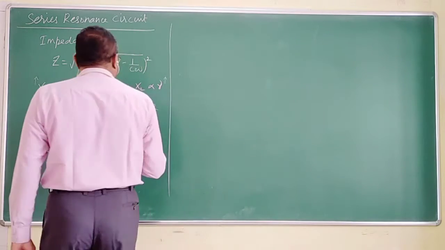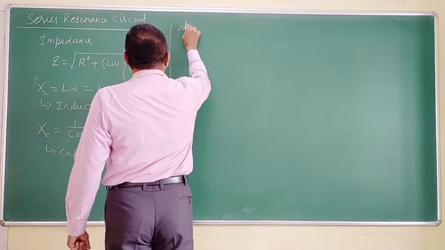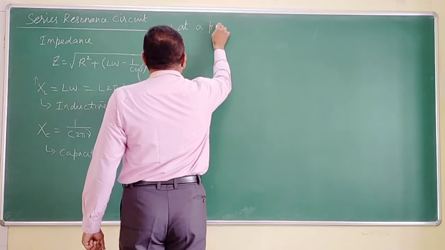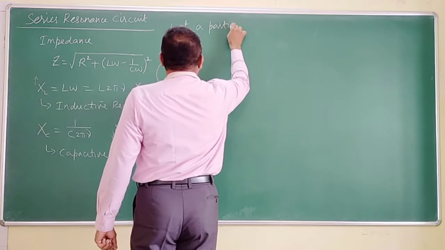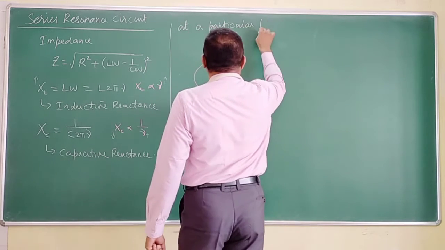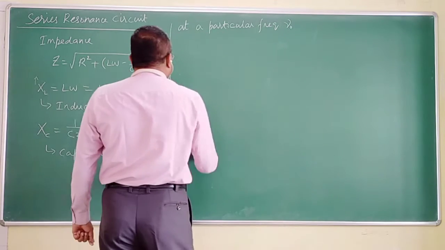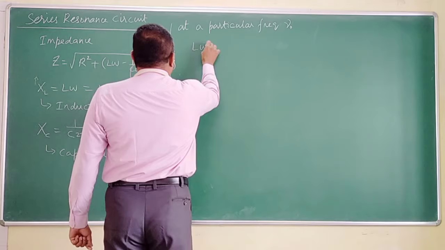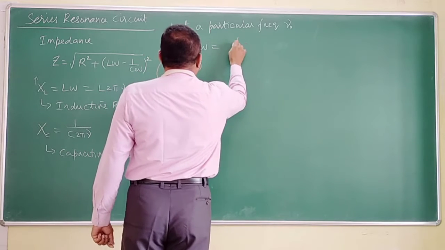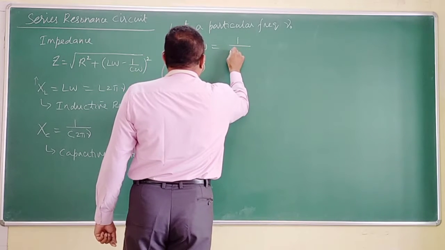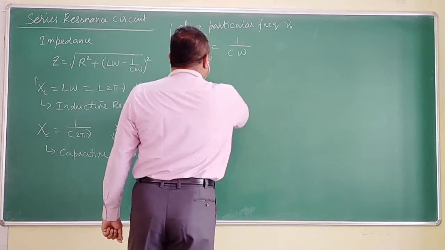At a particular frequency, let us say nu naught, L omega becomes equal to 1 by C omega.